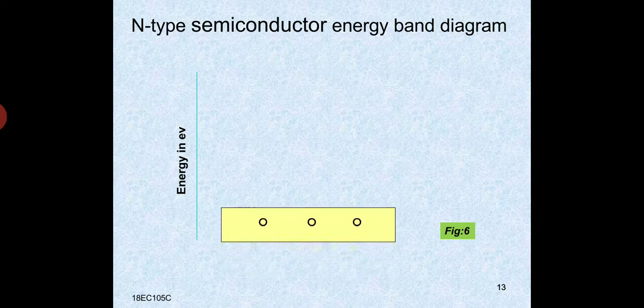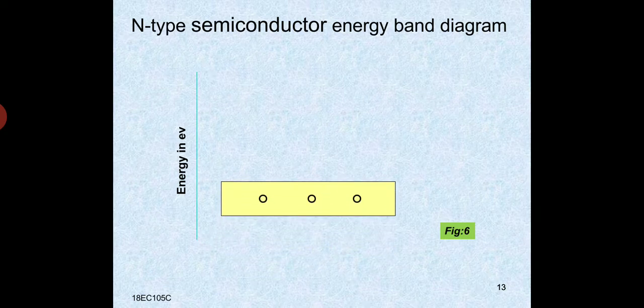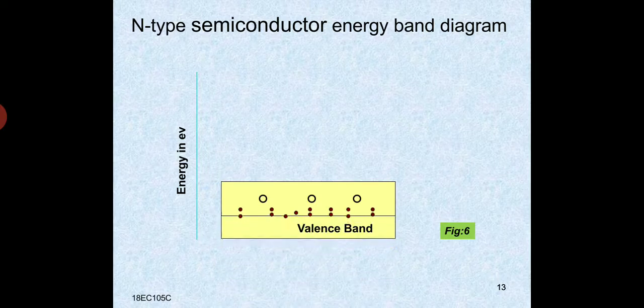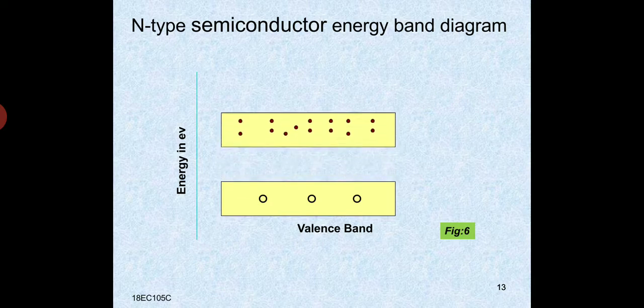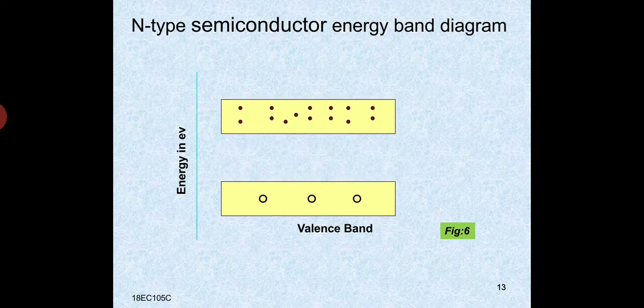Now let us look into the energy band diagram of the n type semiconductor material. So this is the valence band, and here comes the conduction band of the n type semiconductor material.